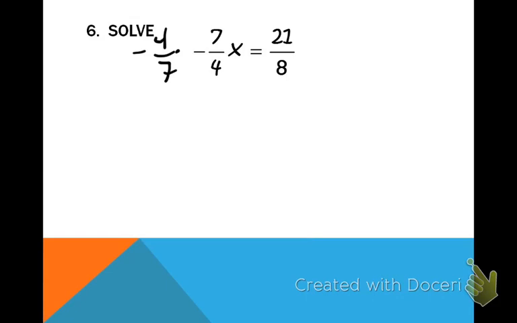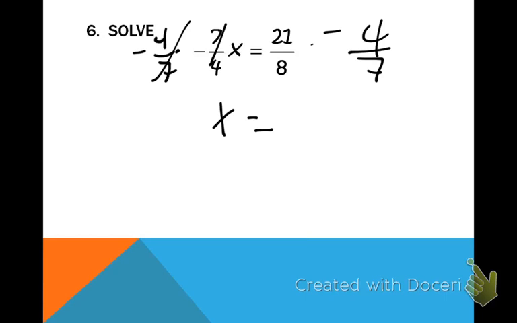And again, to create an equivalent equation, we have to make sure we do it to both sides. Now, a fraction times its reciprocal, we should understand that you just get 1. These multiply out to give you 1, and that's what we want. We want that coefficient to be a 1 on x.